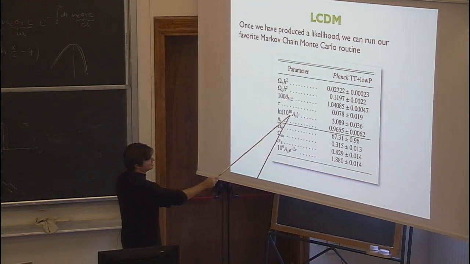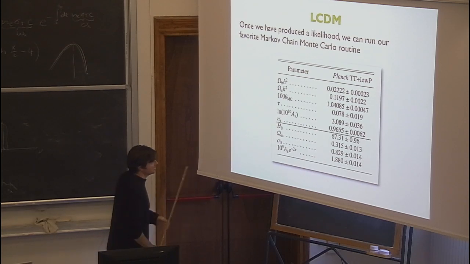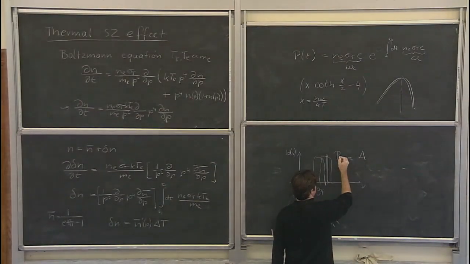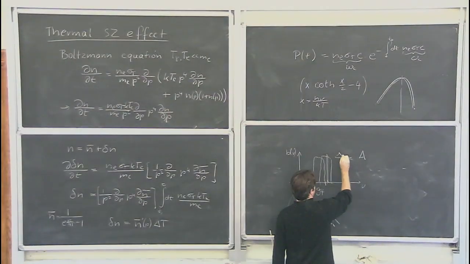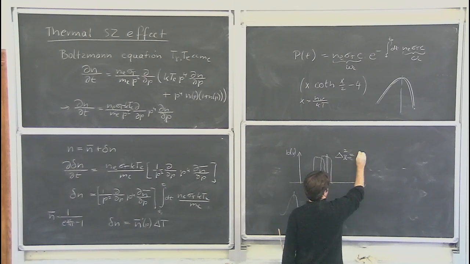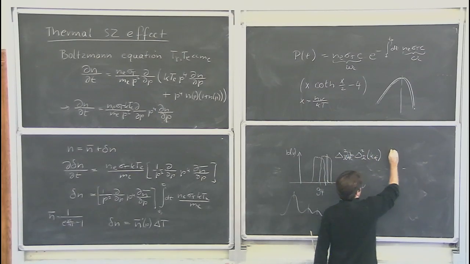This is the amplitude of the primordial density perturbations, and this is how the primordial density perturbations depend on scale. If you write down the expression, the power spectrum is often written as delta R squared of k equals delta R squared of k star times k over k star to the ns minus 1. k star is the pivot scale, some scale that you pick.